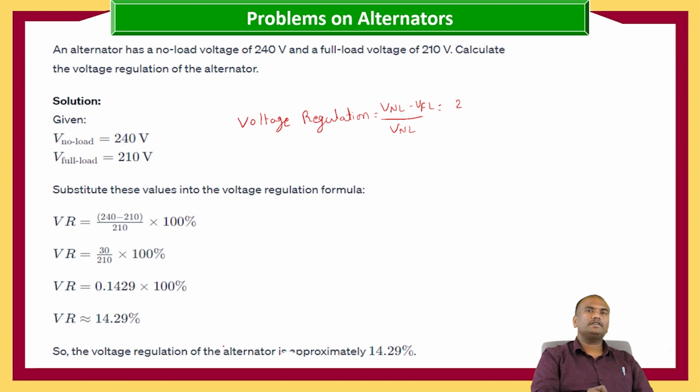So the voltage regulation of the alternator is approximately 14.29%. This is the alternator voltage regulation from no load to full load, and that percentage is 14.29%.